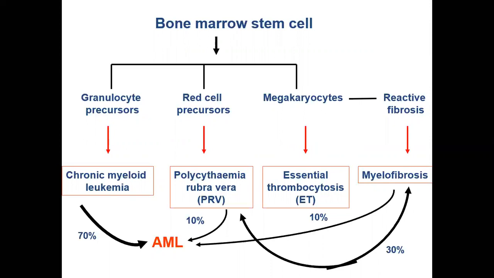Polycythemia vera and essential thrombocythemia have lower propensity for transformation into AML, 10% of cases, while myelofibrosis, around 1/3 of cases, will transform into acute myeloid leukemia. And also in polycythemia vera, later during the course of the disease will end with myelofibrosis.